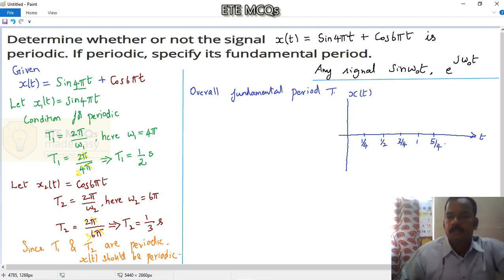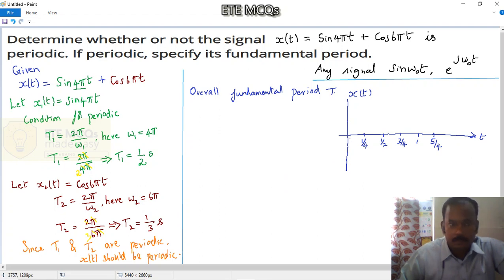Okay, so let me represent the signal x1 of t by green color and the signal x2 of t by brown color, just to differentiate between the two. The first signal x1 of t has a fundamental period of 1 by 2.